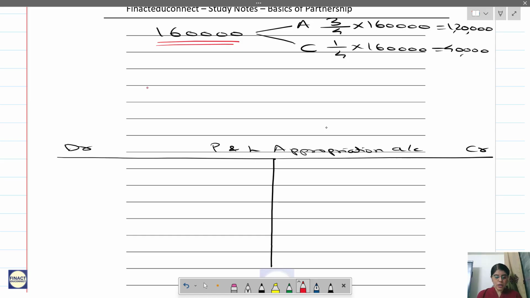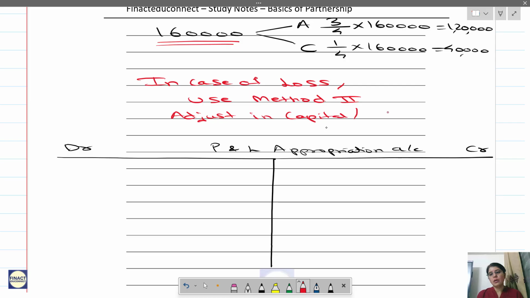In case of loss, we just distribute the loss in profit and loss appropriation, the normal loss, and then use method 2, that is adjust in capital or current account, because there is no sufficient profit with A and C to adjust.